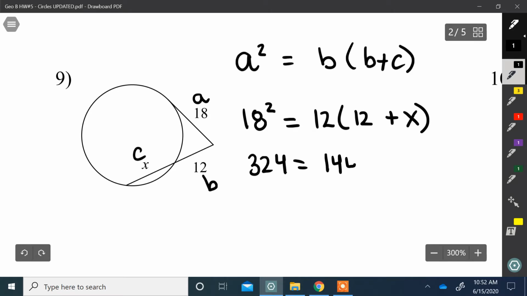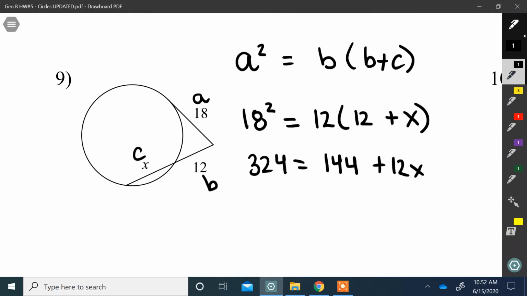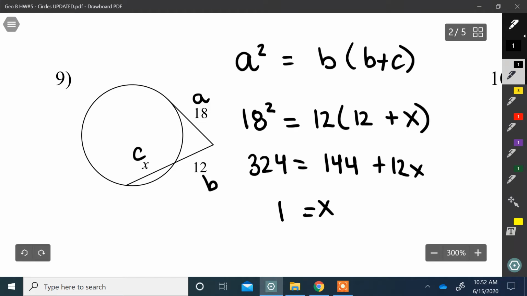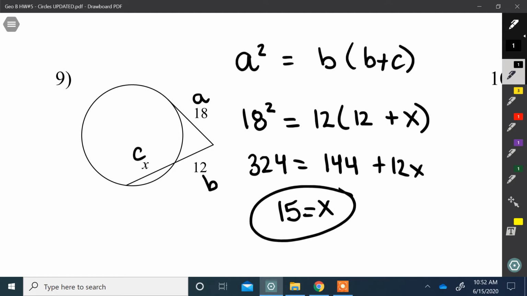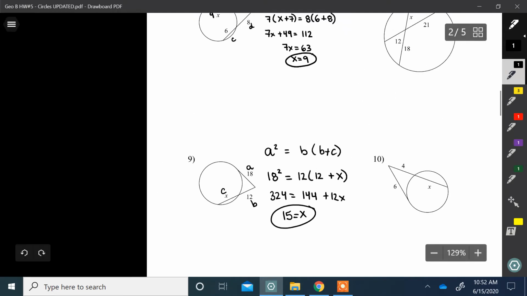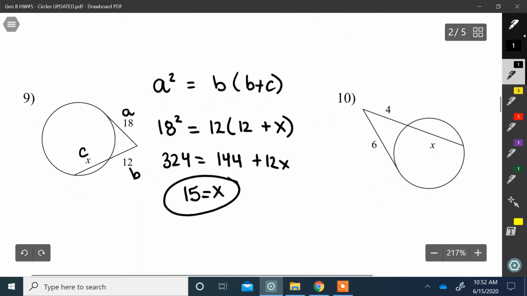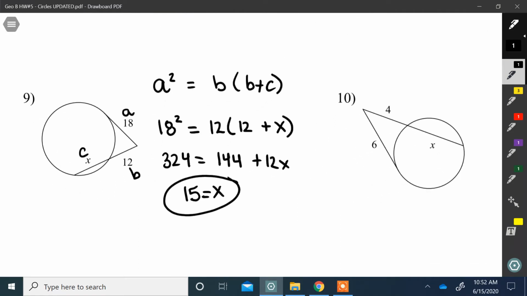Then we get 144 plus 12x. So 324 minus 144 is 180 divided by 12. X is supposed to be 15. That is your answer for number 9.